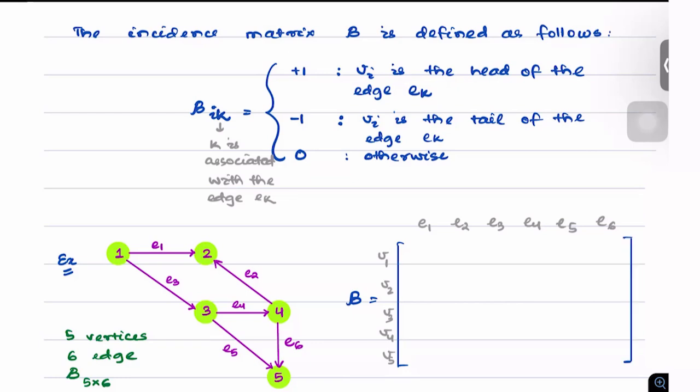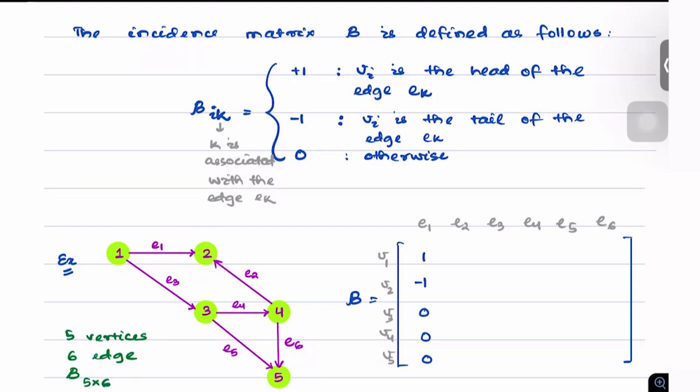Okay, now let's look at the first edge. The first edge has node number 1 as its head, meaning this entry here will be equal to +1. And its tail is given by node number 2, meaning this will be equal to -1. And as given in the formula here, the rest of the entries become equal to 0. Hence, we place 0 here.